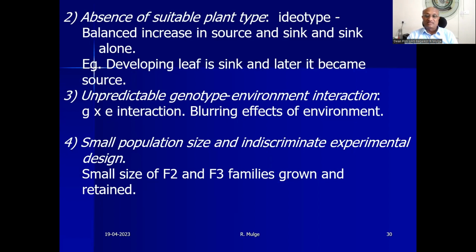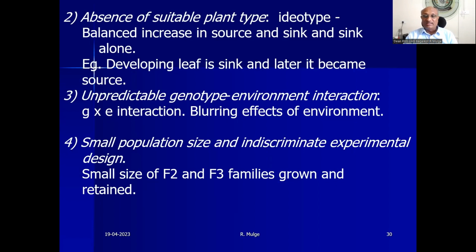The number of plants for F2 you are limiting, because it starts segregating, means more genotypes, more permutation combinations of genes, so that more number of genotypes segregating in F2 and F3 you can get. And if you reduce the size, some of the very rare things you are going to miss.